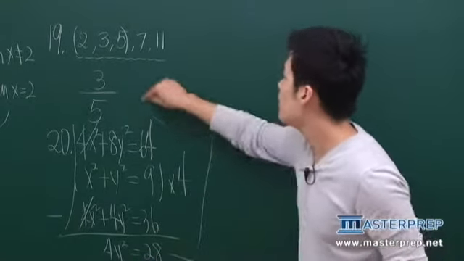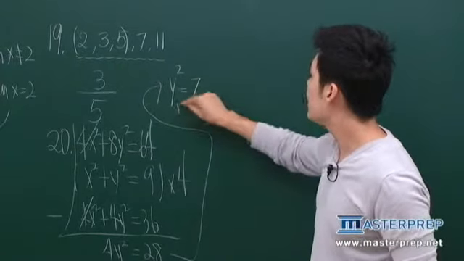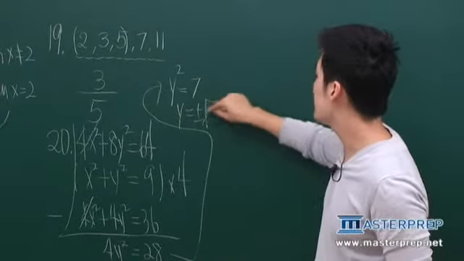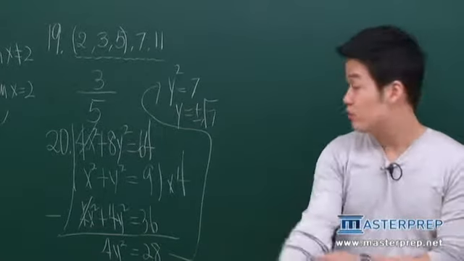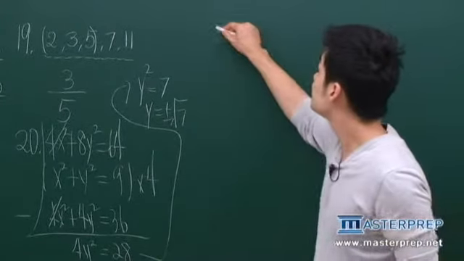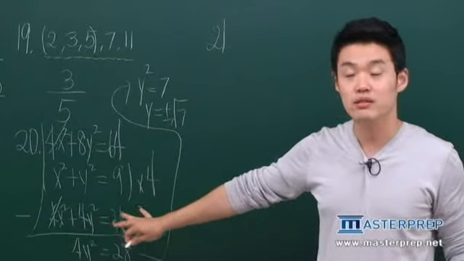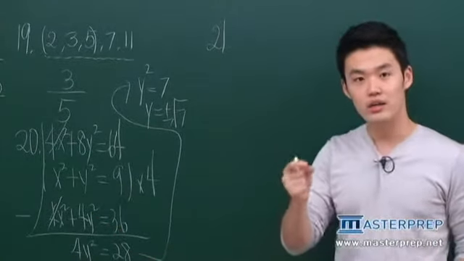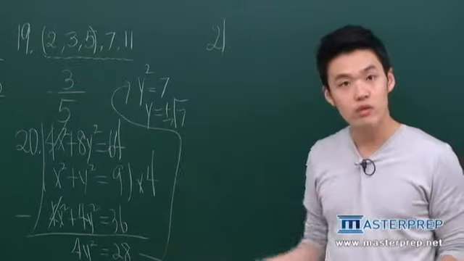So y squared must be equal to 7. Thus, y is equal to plus or minus root 7. So the answer is plus or minus root 7 for the y coordinate. Simple, right? It wasn't even geometry. It was algebra, so you are connecting those two branches of mathematics quite fluently this way.